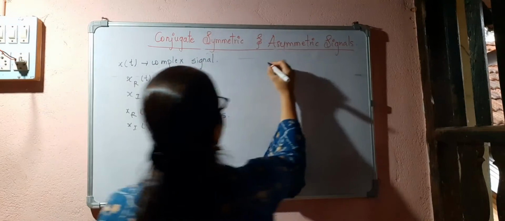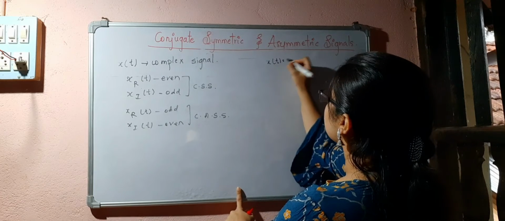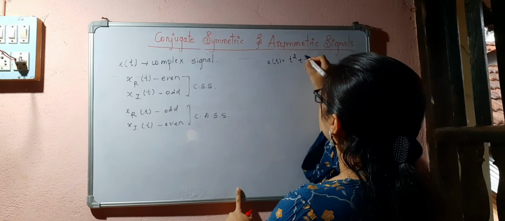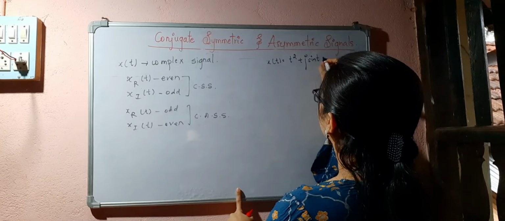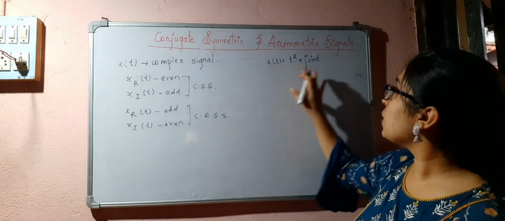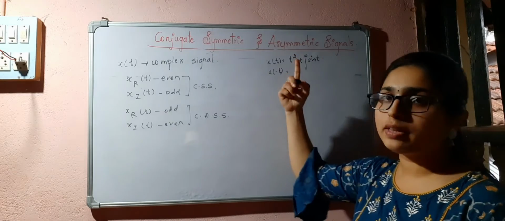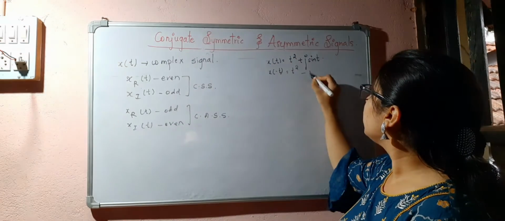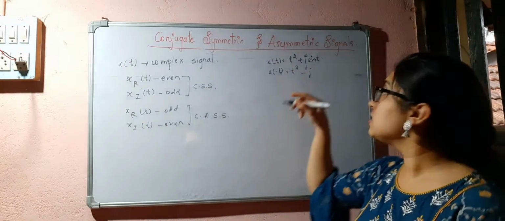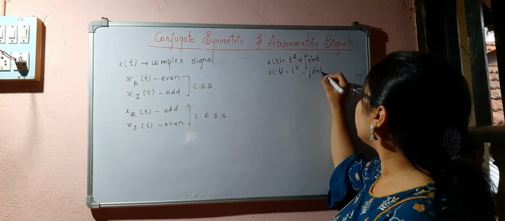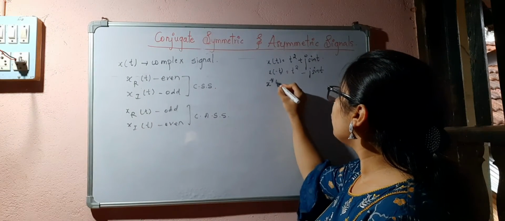Now I will give you another example. x of t is equal to t square plus j sin t. Okay, so t square plus j sin t. See, x of minus t is equal to minus t whole square, that will be t square itself. Here sin of minus t is minus sin t, so minus j sin t. What is the conjugate of this?